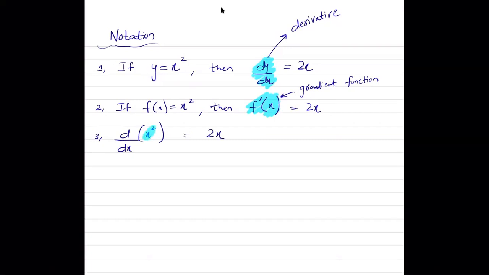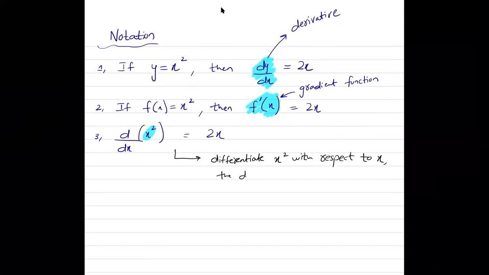So basically this is the function itself, and this statement would mean differentiate x square with respect to x, and the result is 2x. Okay, these are the three ways of writing the derivative or the gradient function.